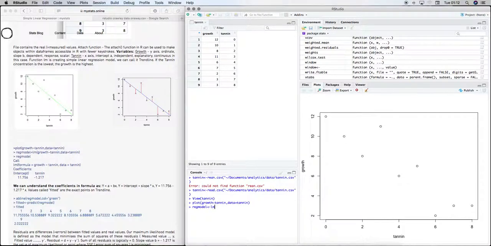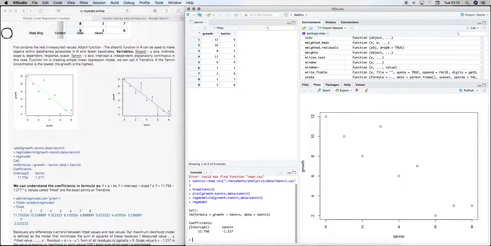So reg model stands for lm, the dependency of growth on tannin, where the data equals tannin. Let's have a look. How does our regression model look?